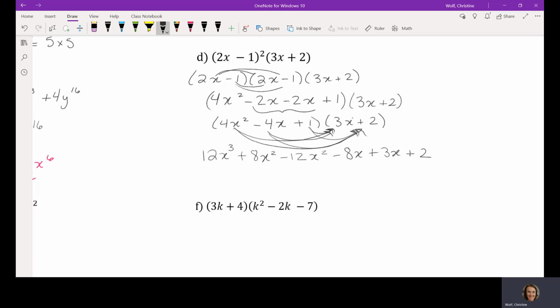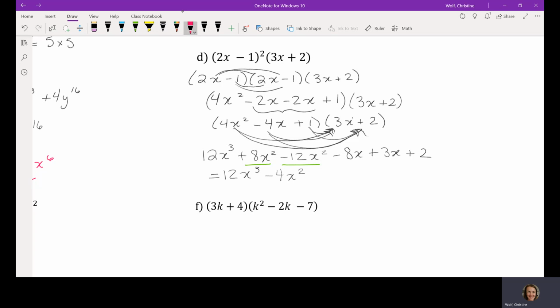So now at this step, we look at all of our terms and simplify if possible. So I always look at the first term, it's 12x cubed, but there are no other x cubed terms, so I write it down as is, no one to add up with. Then I have an 8x squared and a negative 12x squared. Those are similar terms because they're both x squared. So you start with positive 8, but then you subtract 12, so it becomes negative 4x squared.